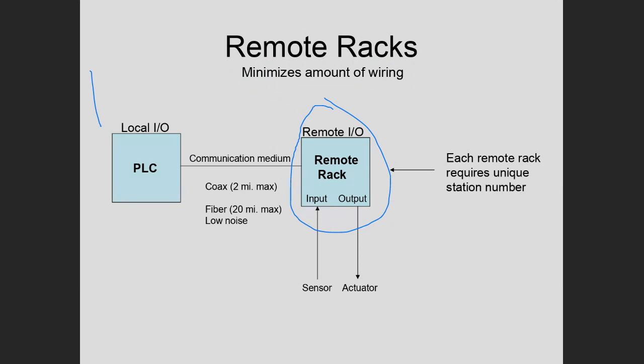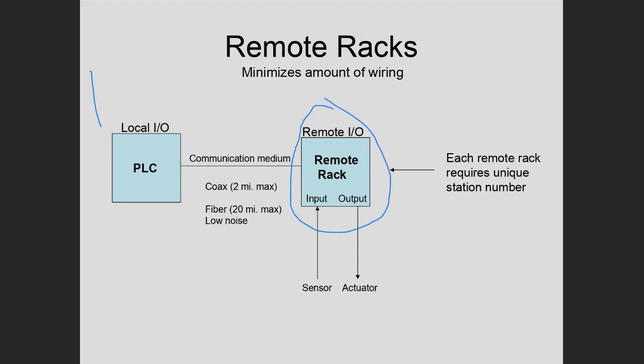So this thing I have circled can be just the I/O section that you move closer to the manufacturing process, or it can be a whole other PLC that this main PLC on the left is talking to. However you decide to set the system or network up, you have to have a way of having the local PLC talk to the remote rack, or the local PLC talk to the remote PLC.